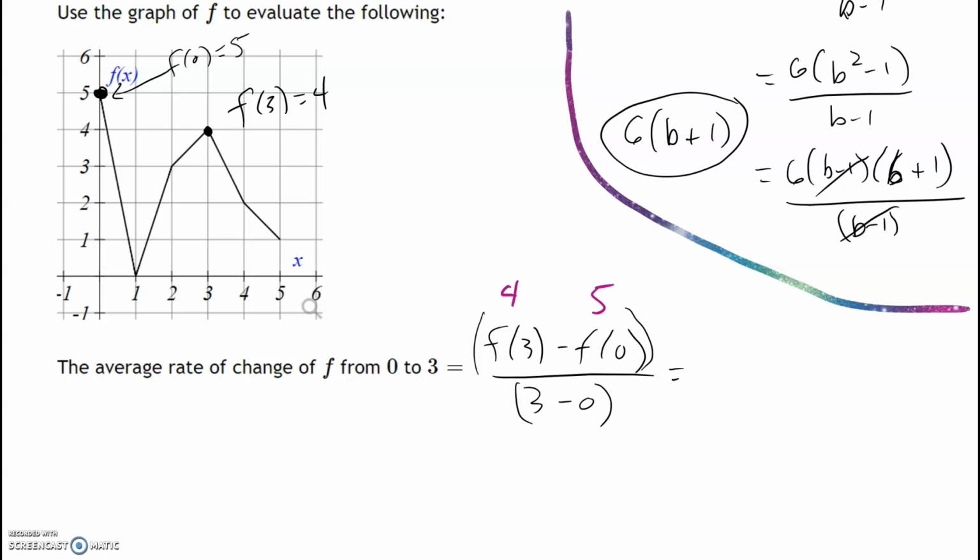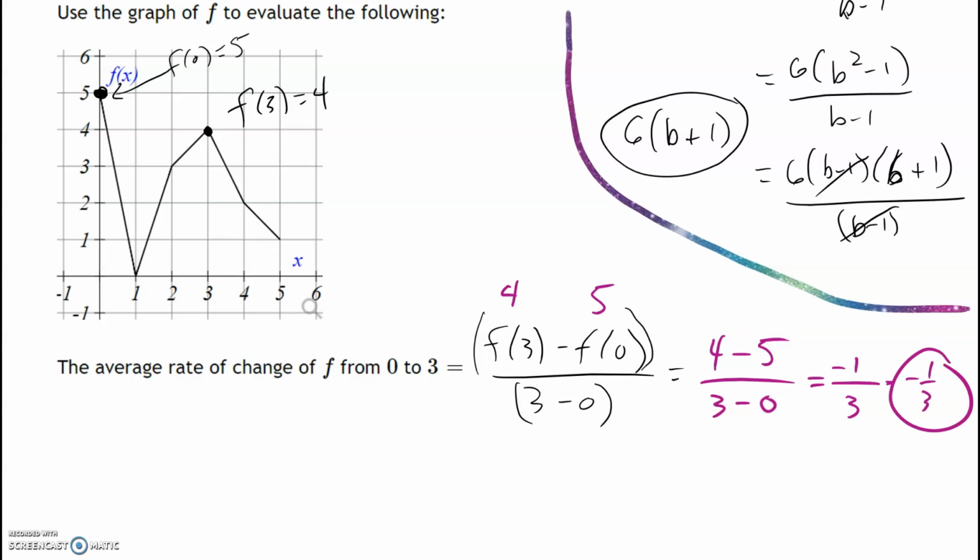So it's 4 minus 5 over 3 minus 0, which is negative 1 over 3, which is negative 1/3, and that's my answer.